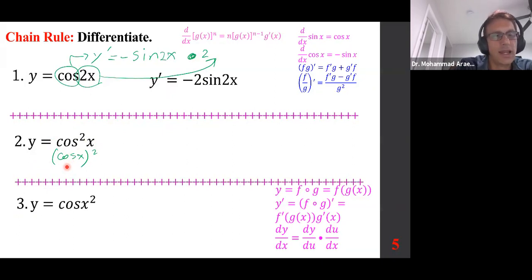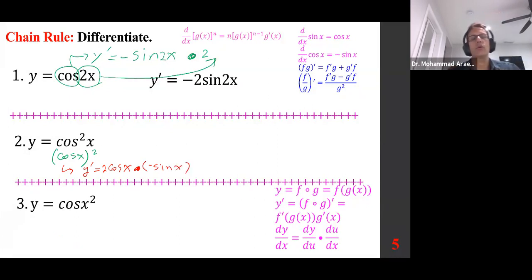Let's just write that. In other words, y prime is 2 cosine x to the power of 1, I just leave it as cosine x. And then the derivative of cosine is negative sine, and we put the whole thing together.